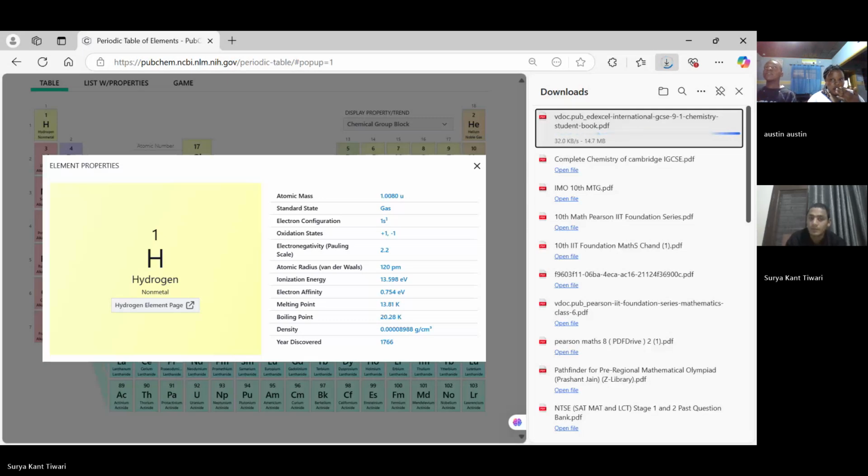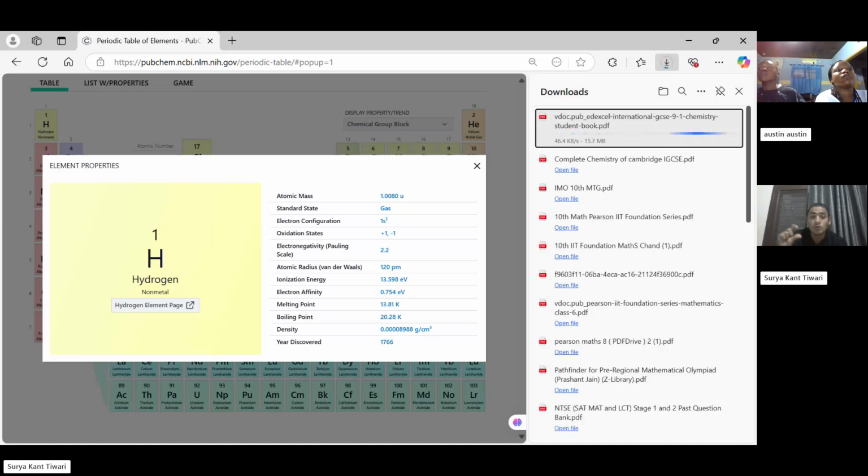And atoms are made out of three things: electron, proton, and neutron. Three things are making every atom. Inside the atom, the electron has a negative charge.